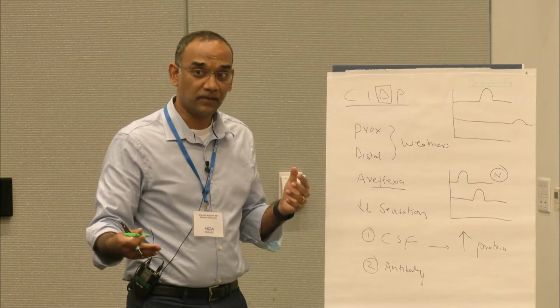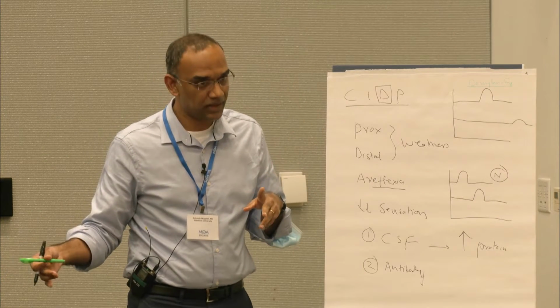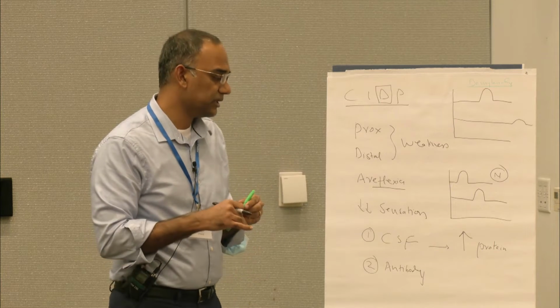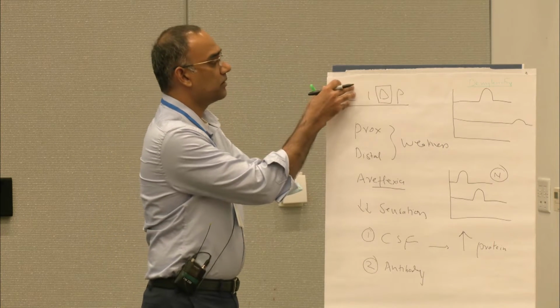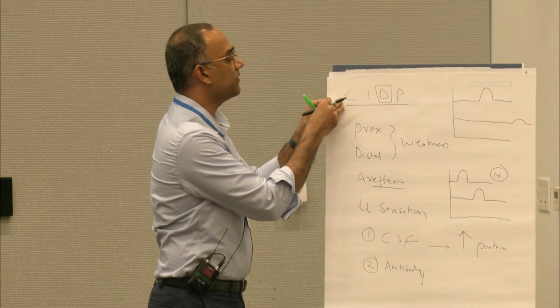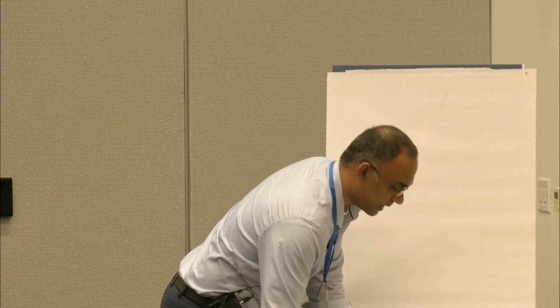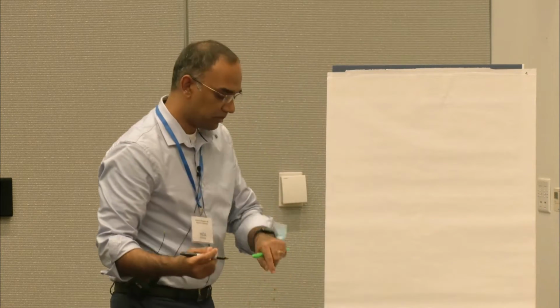Patients who have diabetes have a sort of a higher incidence of this condition compared to patients who don't have diabetes. So there are a few associations of that kind. But the thing about CIDP that's very, very interesting is that it's definitely treatable, significantly treatable compared to other forms of neuropathy.